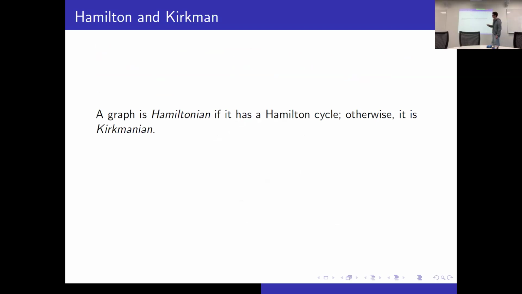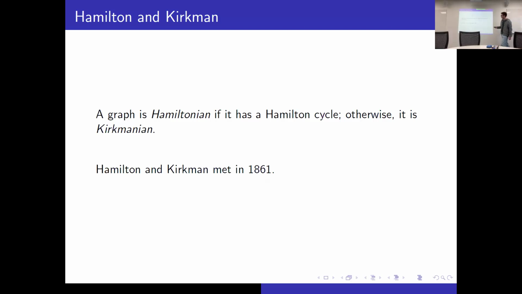So what we will call it is, if a graph has a Hamilton cycle, we call it Hamiltonian. And if it has no Hamilton cycle, we call it Kirkmanian. Another interesting fact is that Hamilton and Kirkman met in 1861.